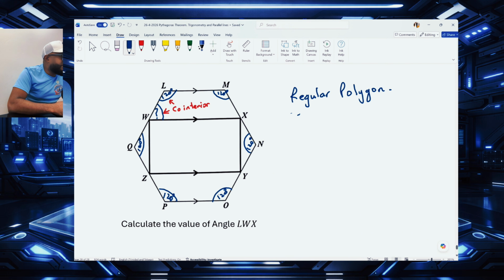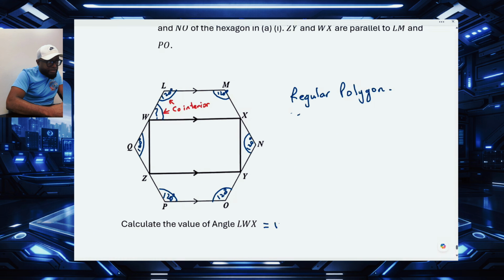All the angles in a regular polygon will be the same, so that's how I got here to be 120. So this is equal to 180 minus 120, which will give me 60 degrees, right? We know it's co-interior, but the question then asks us to write that it is co-interior.